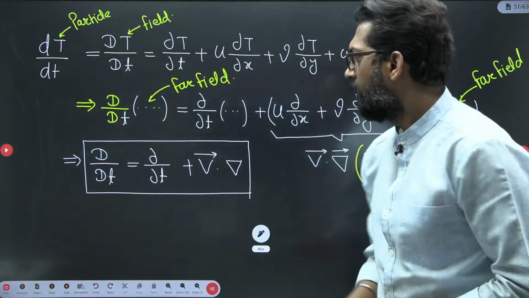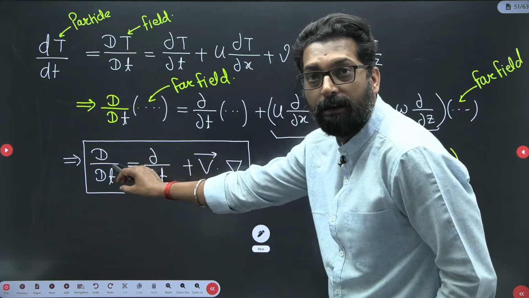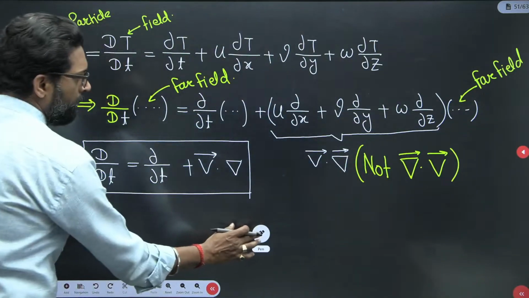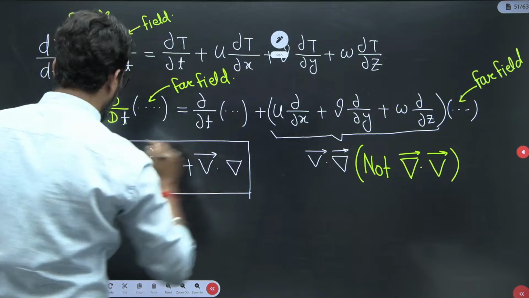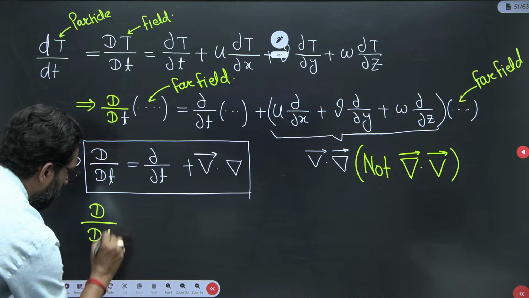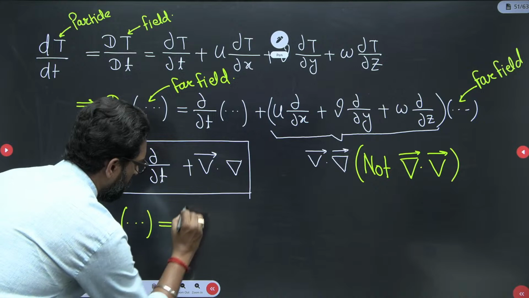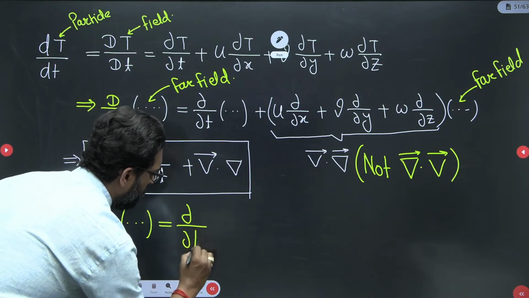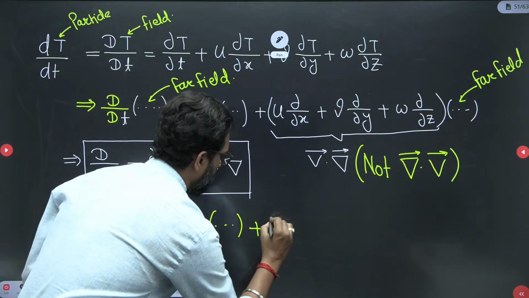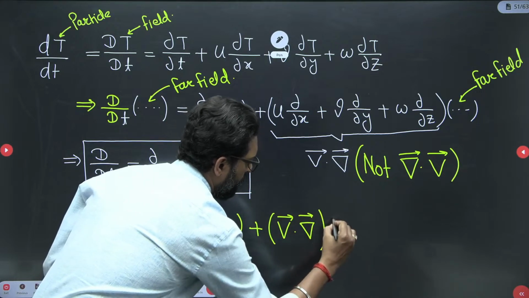If you multiply with any vector field, all multiply vector. If you multiply a scalar field, all multiplication of the scalar field. So these are the notation. You can also write d of dt of anything is equal to dou of dou t of anything plus V dot del of anything.